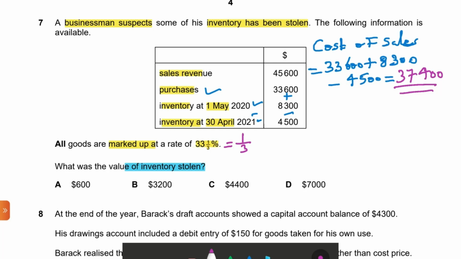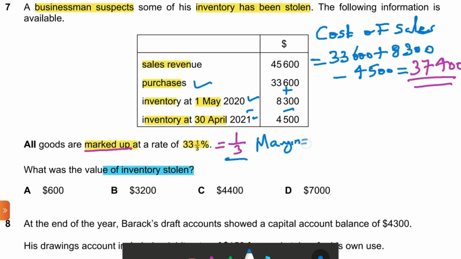Next, we have to find now the profit of the year, then find the actual cost of sales. All goods are marked up 33 1/3%, that means 1/3. But they have not given the proper cost of sales. In this cost of sales, there is some stolen inventory, and that inventory is not included. So if the markup is 1/3, the margin will be 1/4.